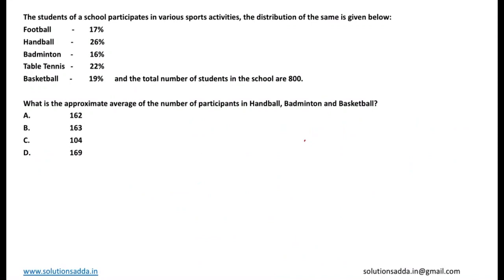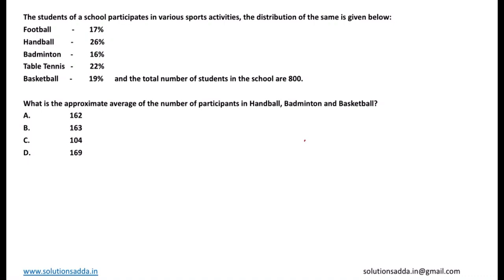This is an aptitude question based on percentage. The students of a school participate in various sports activities and the distribution of the same is given below. Football 17%, handball 26%, badminton 16%, table tennis and basketball are 22 and 19% respectively. The total number of students in the school is given to us as 800.